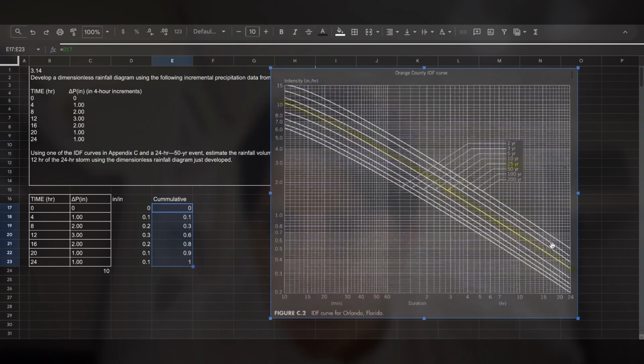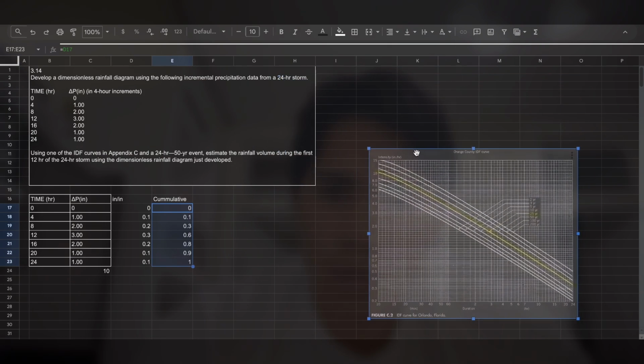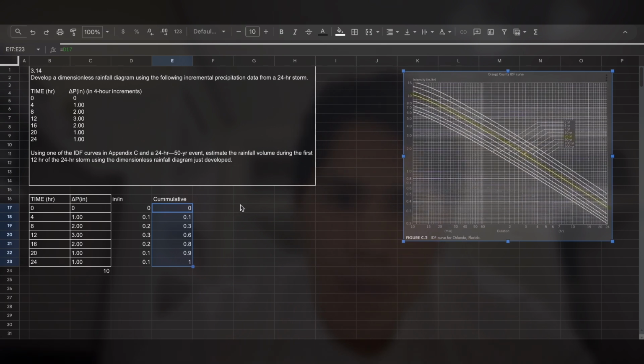A 24-hour duration will be the last value, about here. If you follow that, it will give you about 3.9 inches per hour of intensity, and that's all we need this IDF curve for. So our intensity is 3.9 inches per hour.